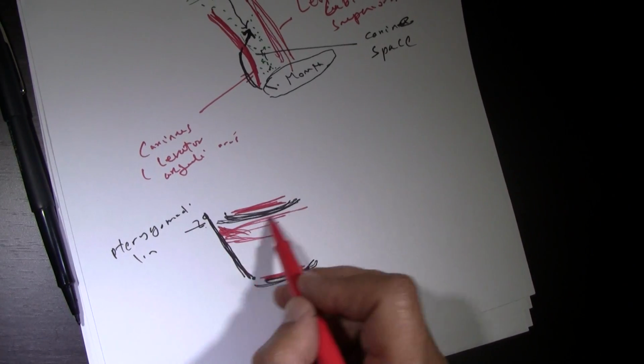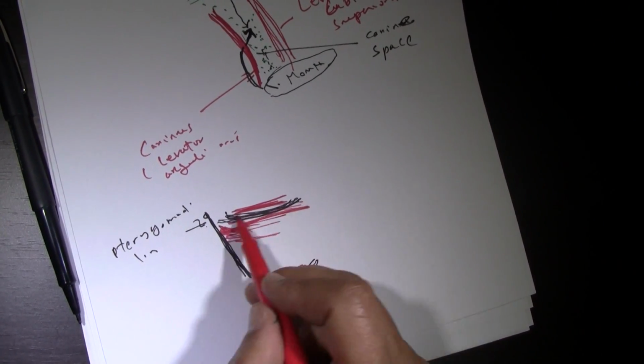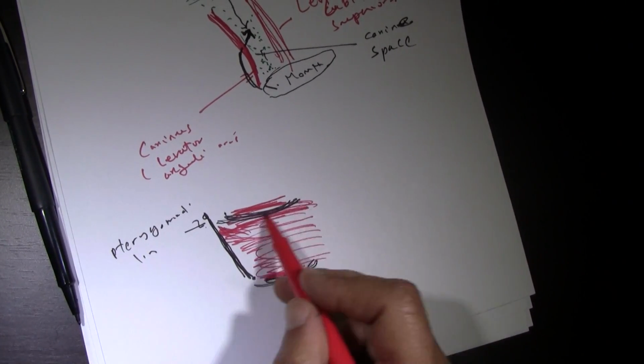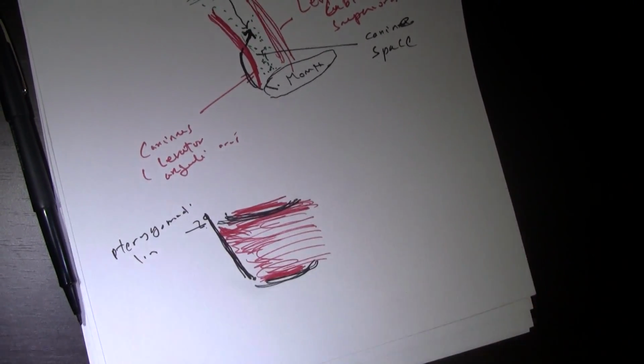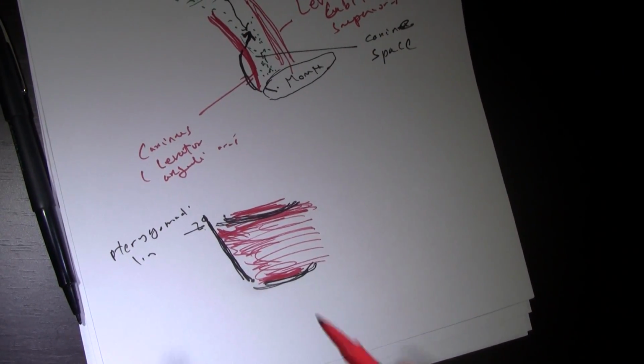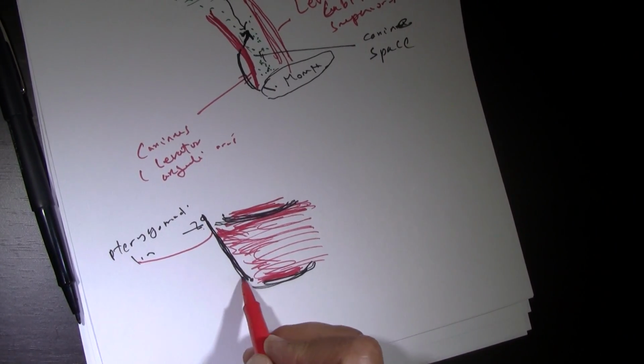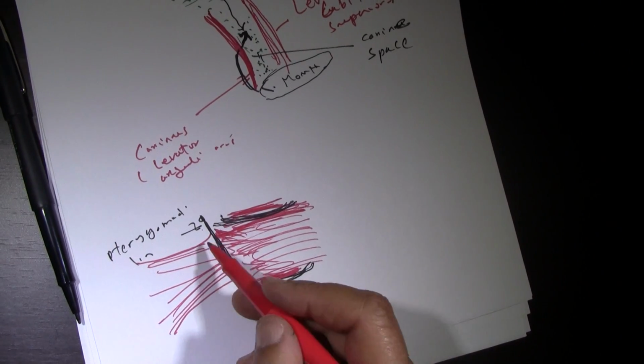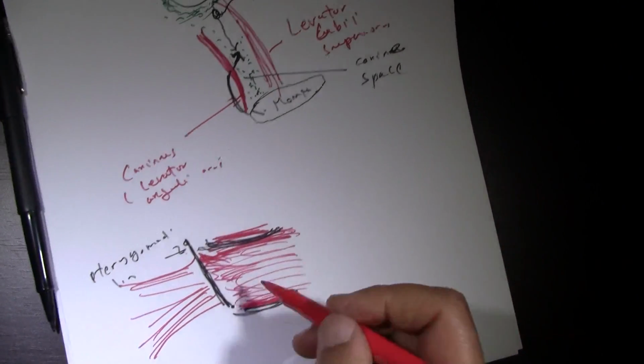So this is the buccinator, and it goes to the upper and lower lip, filling the gap between maxilla and mandible. Correct? Okay, behind here is the superior constrictor, which also takes origin from the pterygomandibular ligament.